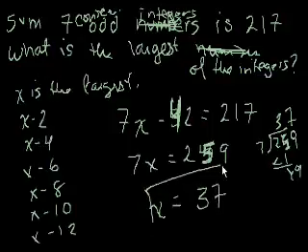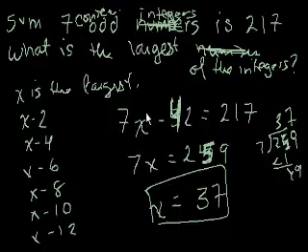And we're done. So just to review, because I think I had a lot of errors in this problem when I presented it. The question was, the sum of 7 consecutive odd integers is 217. What is the largest of the integers? I said x is the largest, and then if x is the largest, the next smaller one will be x minus 2. Because we're not saying just consecutive integers, we're saying consecutive odd integers, right?